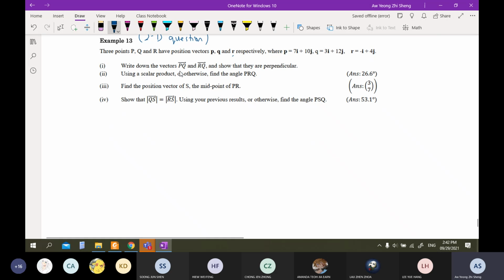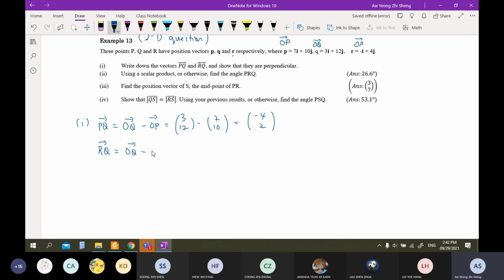Right, find the vectors PQ and RQ, show that they are perpendicular. But this one should be easier because you already have OP, OQ and OR here. So to get the vectors PQ and RQ, just use the usual subtraction formula: O to the end point minus O to the starting point. 3, 12 minus 7, 10. RQ is OQ minus OR.